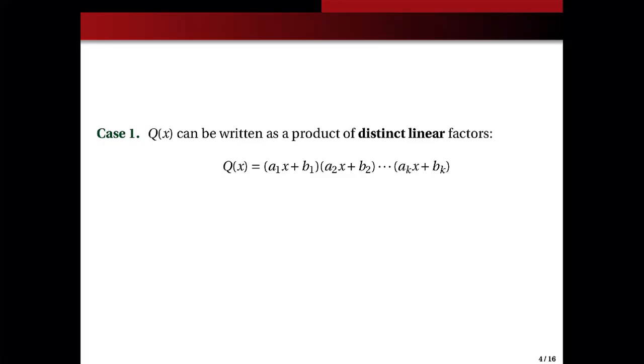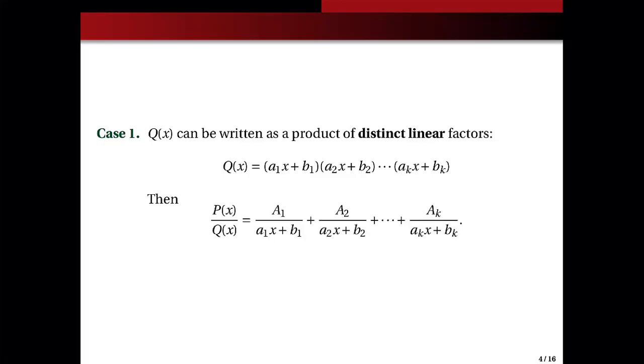Then, if you have a polynomial p of x and you divide it by q of x, assuming the degree of p of x is less than the degree of q of x.